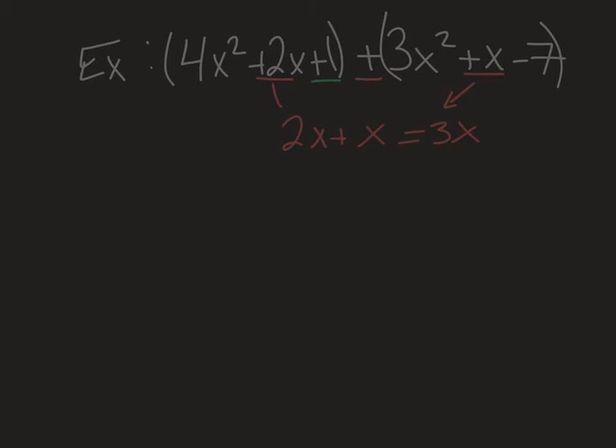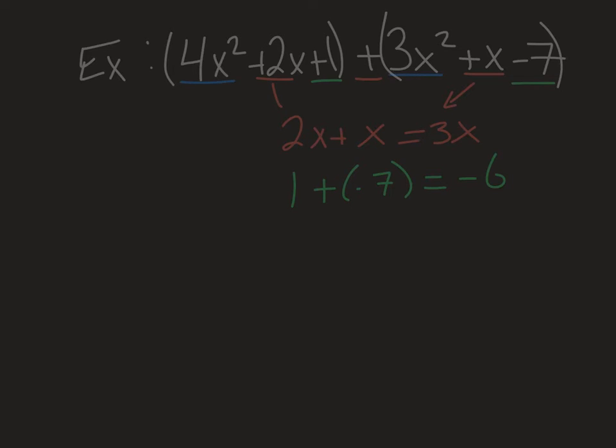And likewise, we can look at just the numbers, the constants. We have 1 plus a negative 7, which we know to be negative 6 when we combine the like terms.